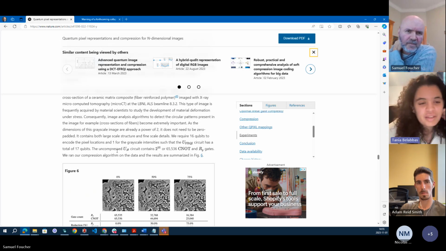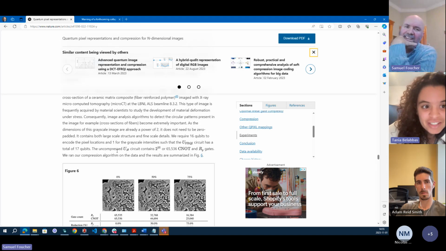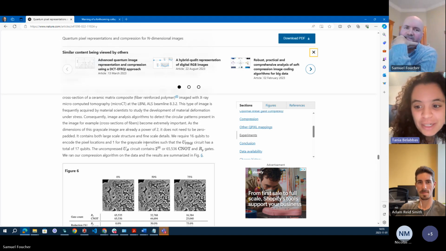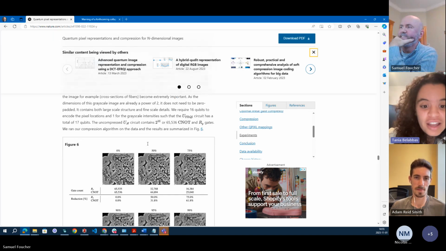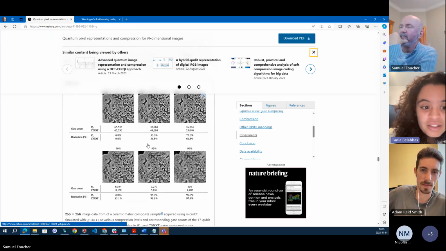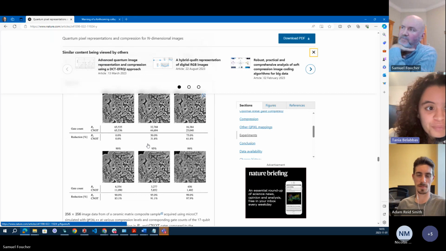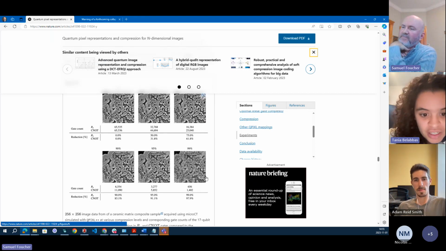I'm not certain. I think it depends on the gates you're applying, but it's definitely less than that. In the case of the 256 by 256 image, I think even 99% of compression, even that is too deep, basically.